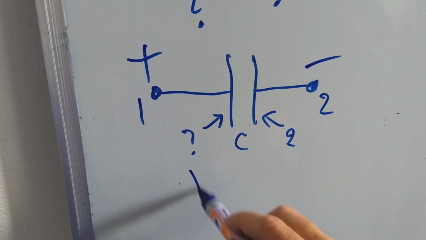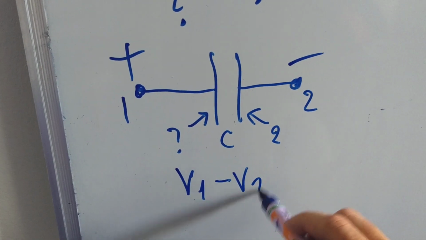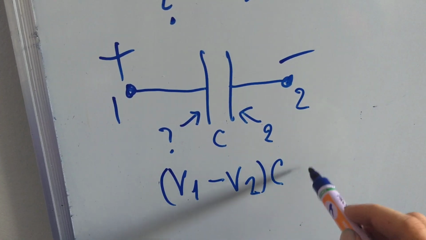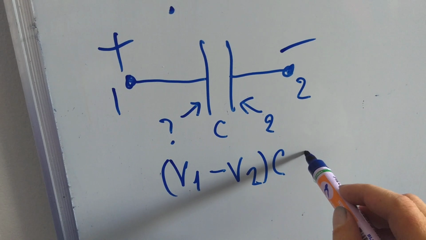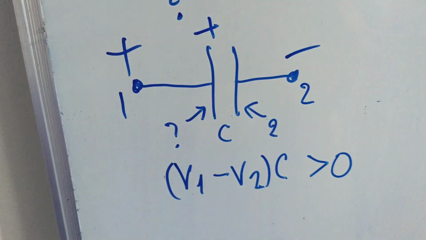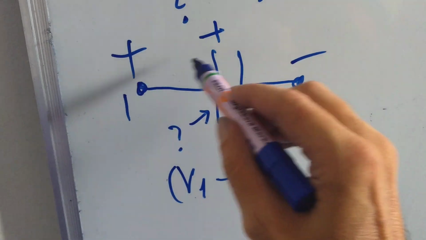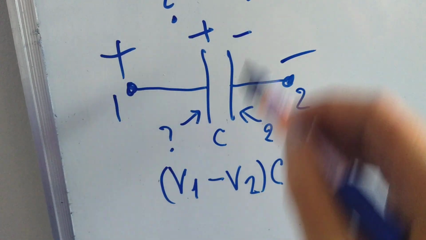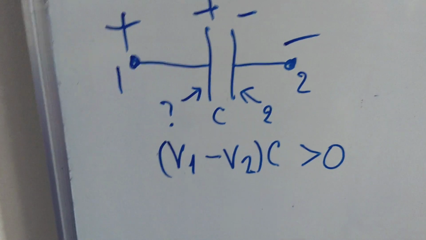So if I do V1 minus V2 and multiply by C, this is positive. Okay, so positive is going to make this plate positive, and the negative will be induced on the other plate.